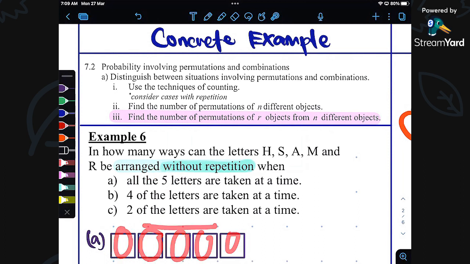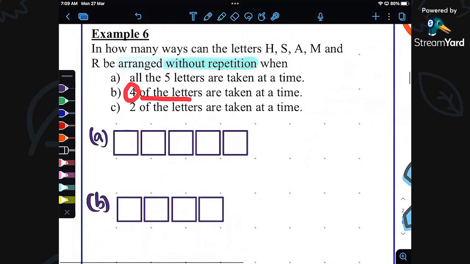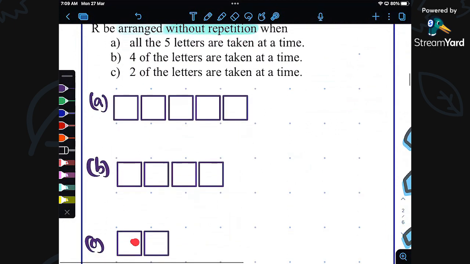We will be using all of them. But if we are to arrange 4 letters only, I put 4 boxes. If we are to arrange 2 of the letters only, I put 2 boxes. So this is one of the tips: in solving permutations, we can use boxes to understand better.